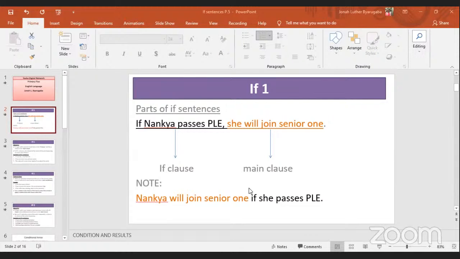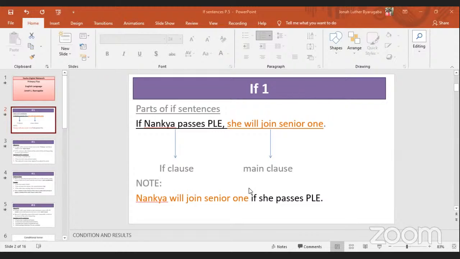If Nankia passed PLE. No, we said the past perfect tense is denoted by the helping verb had plus the verb in its past participle, like had come, had run, had eaten.